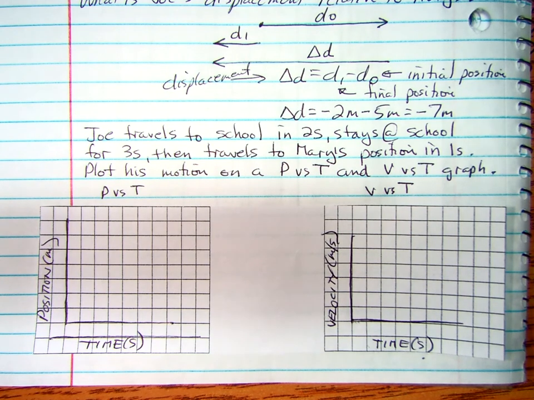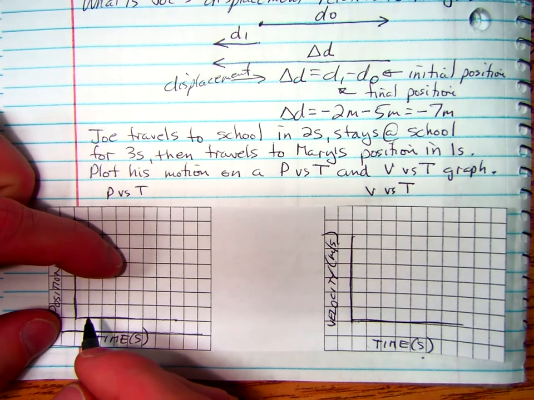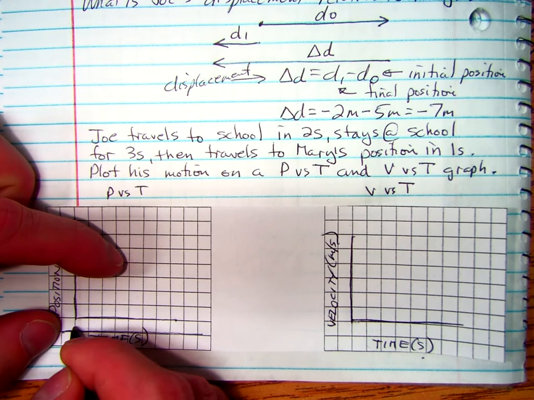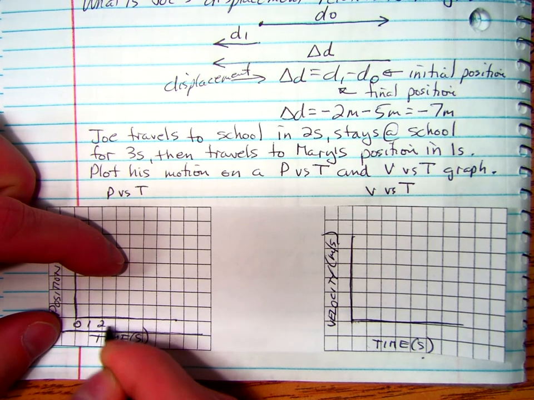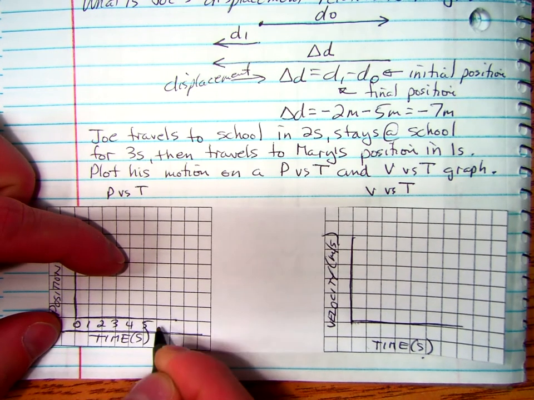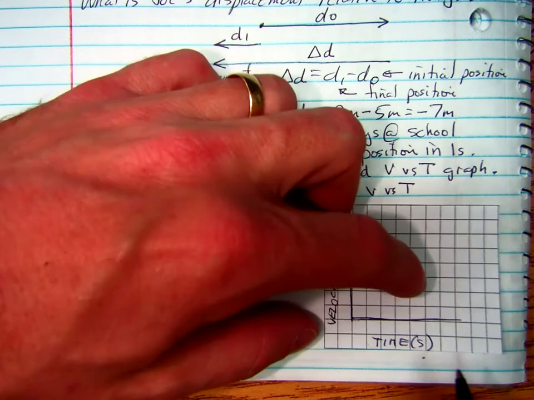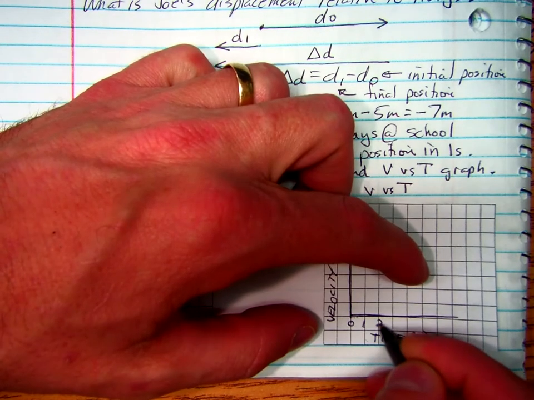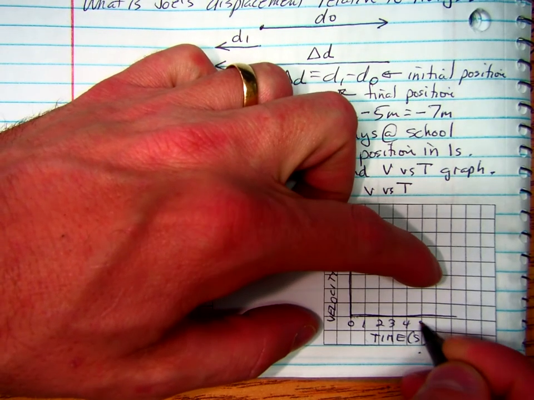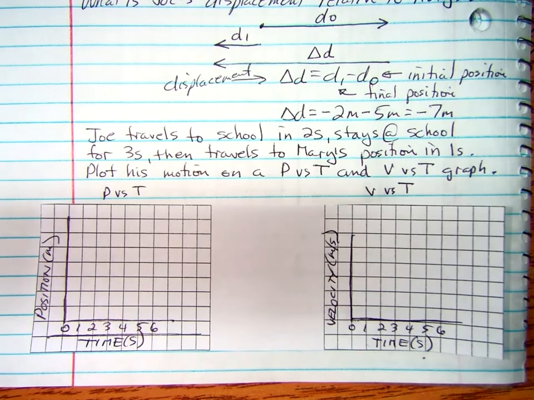Joe travels to school in 2 seconds, stays at school for 3 seconds, and then travels to Mary's in 1 second. That's 6 seconds. So I need to represent at least 6 seconds on my graph. Here's 0, 1, 2, 3, 4, 5, 6. Then on this one I have 0, 1, 2, 3, 4, 5, 6 seconds.